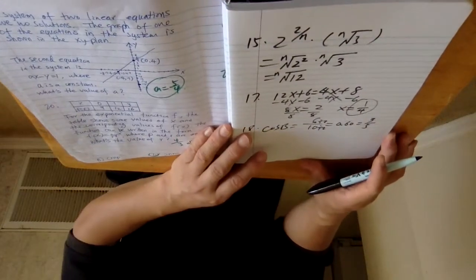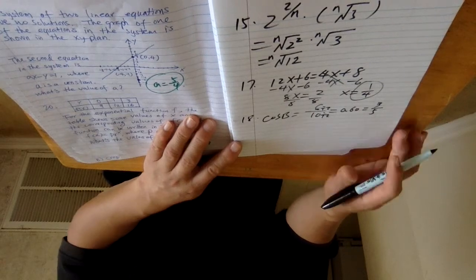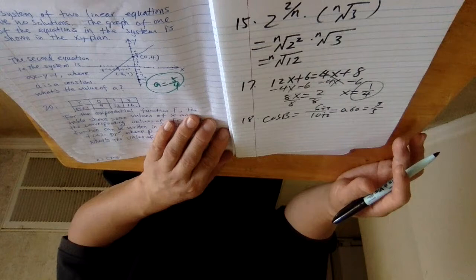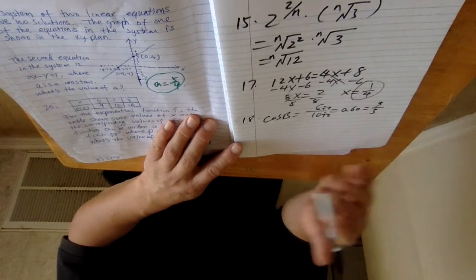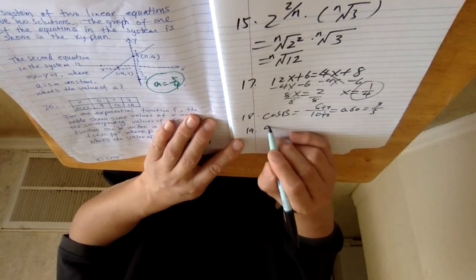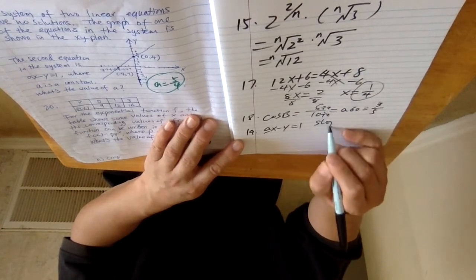Number 19. A system of two linear equations has no solutions, that means they're parallel. The graph of one of the equations in the system is shown in the xy plane. The second equation in the system is ax minus y equals 1. So a is the slope we're looking for.